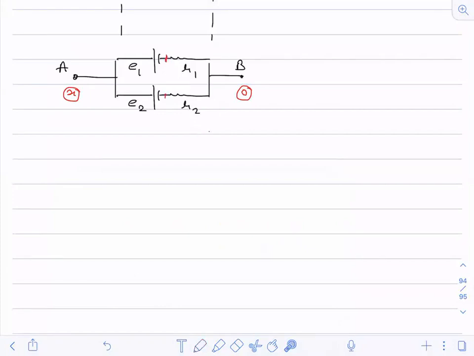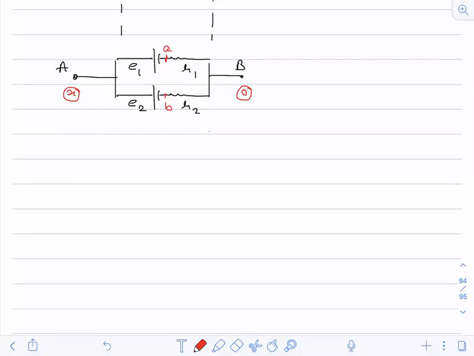Are you able to see? What will be the potential of this point over here? Just see, there is an EMF also, there is a drop in the battery also. How will you write the potential? From X to that point, suppose this is small a and this is small b.